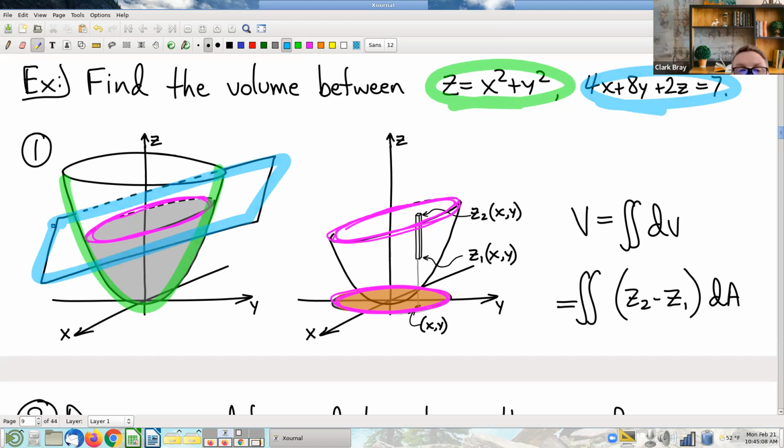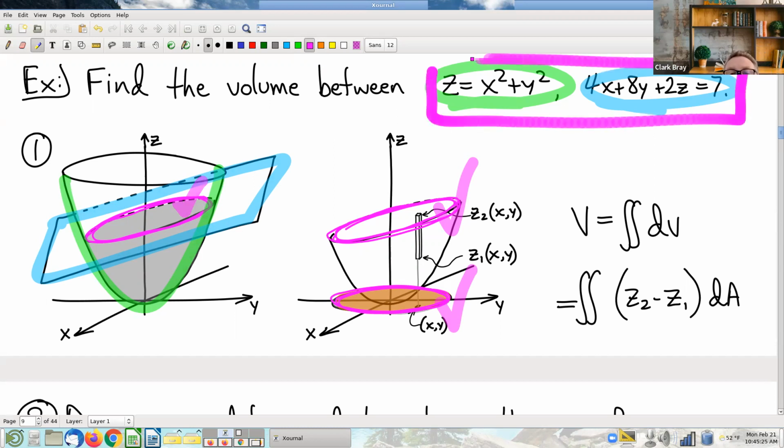So in order to find the boundary of my domain, which comes from the edge of the shape where these two surfaces intersect, I solve with both of these equations. I get both because the intersection curve is on both surfaces, and therefore both equations apply. Everybody good?